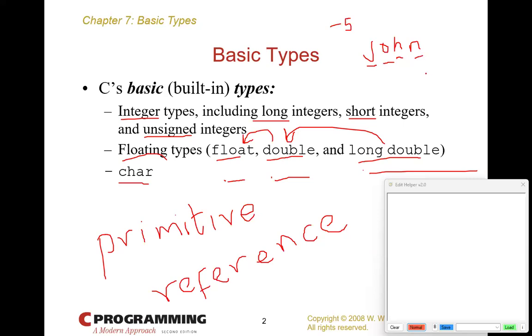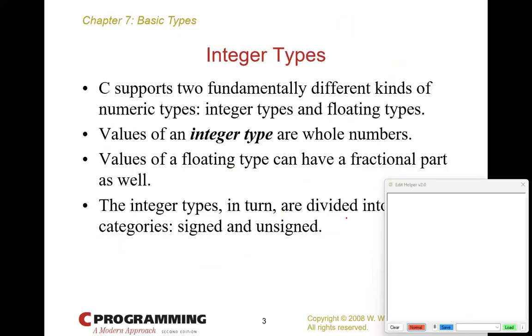J is a char, a character. O is a character. H is a character. N is a character. So each one of them are characters. When somehow you need to bring all of them together, then you are somehow creating a string. And that is, you're making reference to many chars. That's why we call them reference type, because they bring together many primitive types.